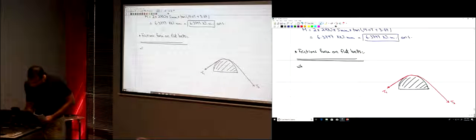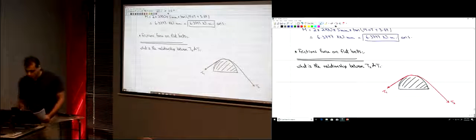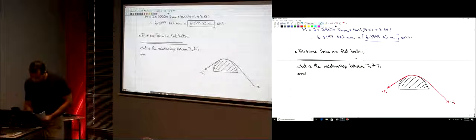What is the relationship between T2 and T1 over the rough surface? So it's rotating over a rough surface here.